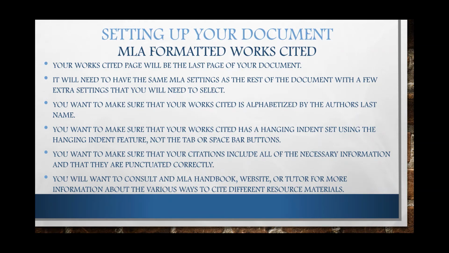The MLA handbook has dozens of citation examples that walk you through the exact information you need for each type of source and how to punctuate them correctly. If you have any questions or are unsure how to cite something, you can either consult the MLA handbook, a website such as MLA.com or Purdue OWL, or discuss this with your tutor for more information.